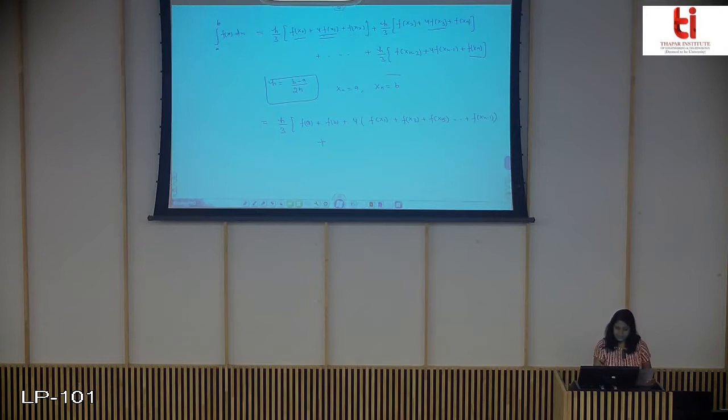Then f(x2) is present in the first bracket and also in the second bracket. So we can combine these terms: f(x2) here, f(x4) is repeated in the second bracket also. So it is repeated 2 times, so 2 of f(x2) plus f(x4) and so on plus f(x(n minus 2)).